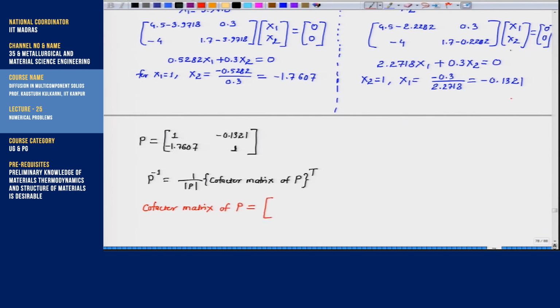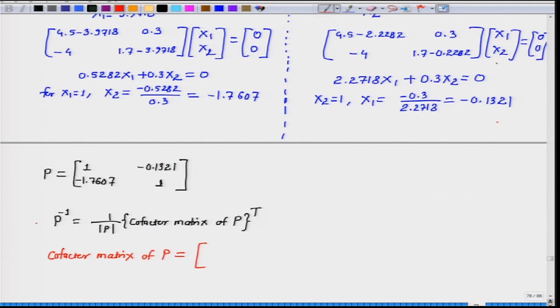For a 2 by 2 matrix, it is easy. We just switch the positions of diagonal elements among themselves and the non-diagonal elements among themselves and multiply the non diagonals by minus 1, right.